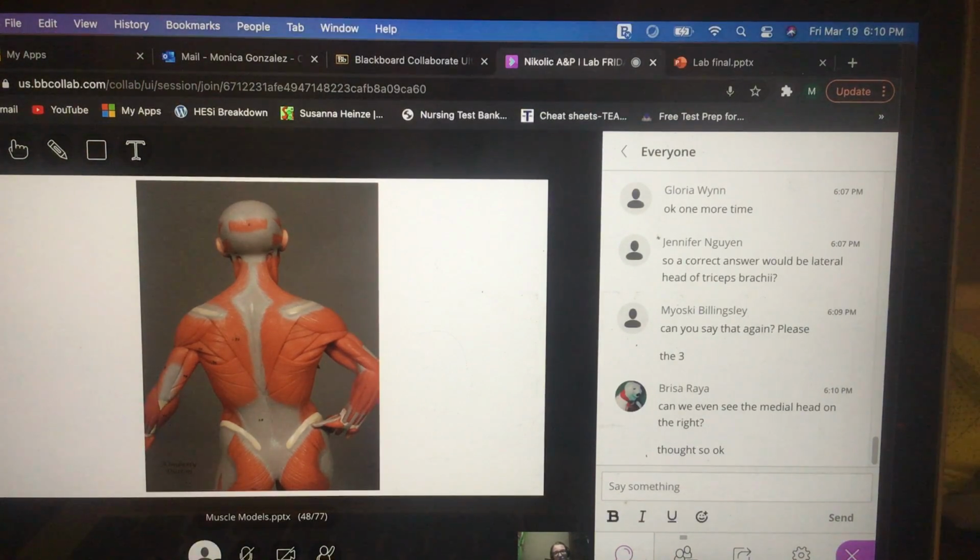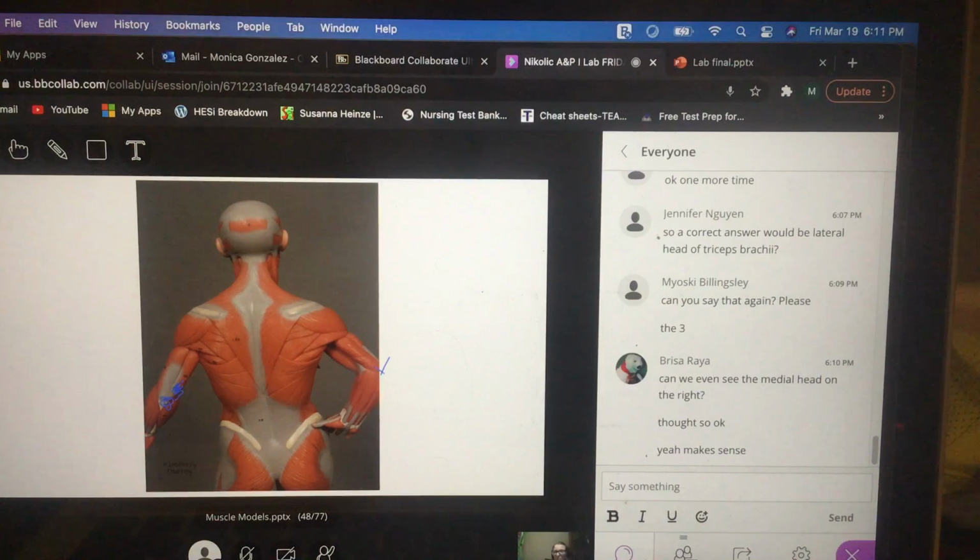I just think because the elbow is turned, it's closer to where we can't see. I think it's closer off the picture, right? Because notice that the elbow's right here, and that's the medial head. You see what I'm saying? Maybe we can see a little bit, but I can't see it, to be honest.